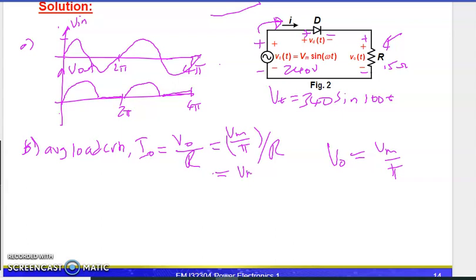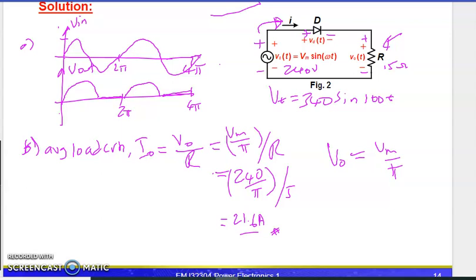V max, which is 340, divided by pi, divided by 5, not 15. So we shall have a value of 21.6 ampere. This is our average load current.